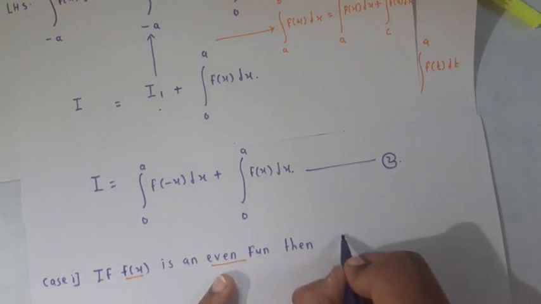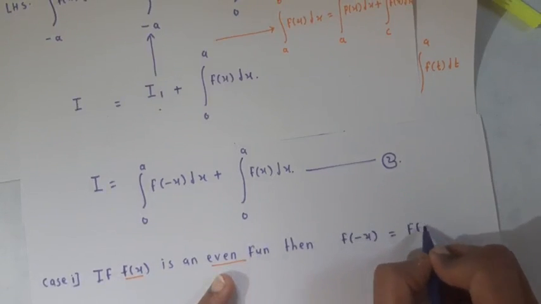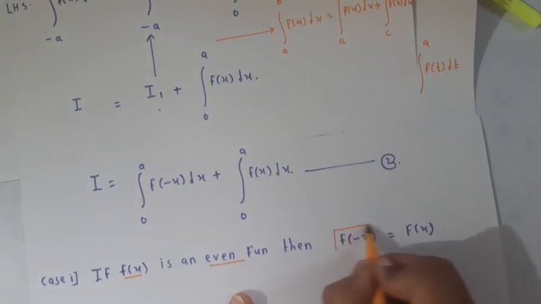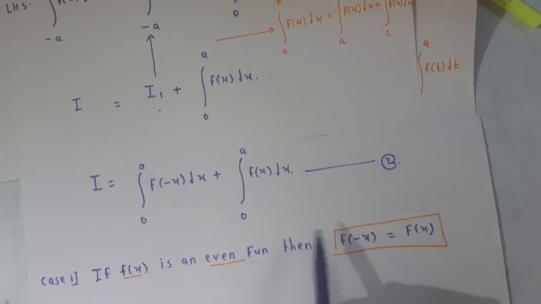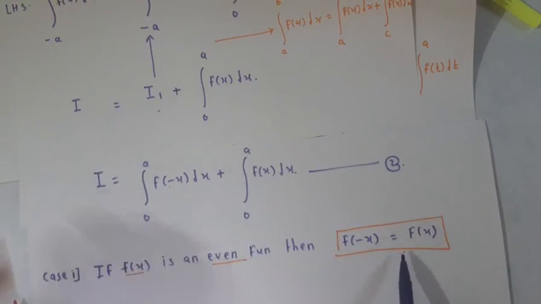Then f of minus x equal to plus f of x. If f of x is an even function, then f of minus x equal to f of x. Okay, so if the function is even, then f of minus x is f of x.